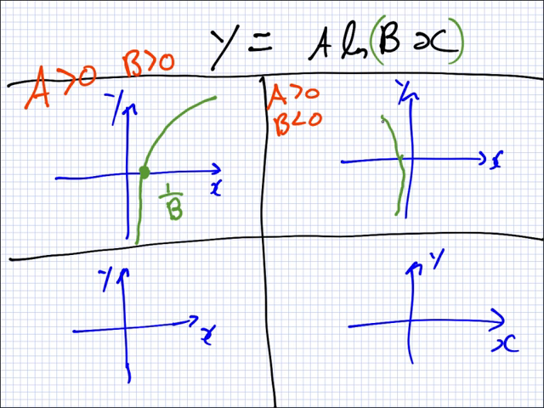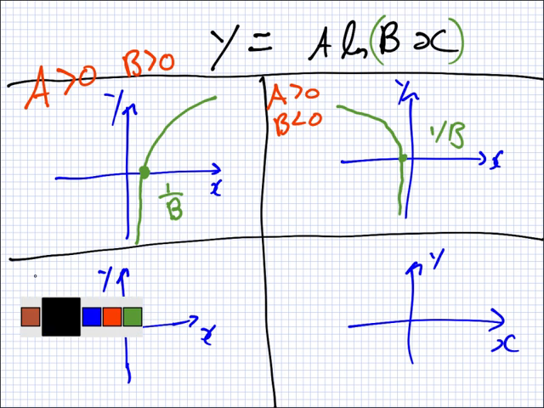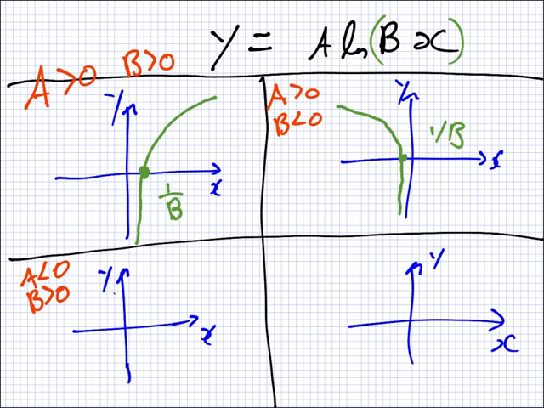This is what I drew last time, isn't it? Okay, that was fine. So a is negative, and what did I say? b is positive. Like this? That's what I did? Yeah, okay, good.